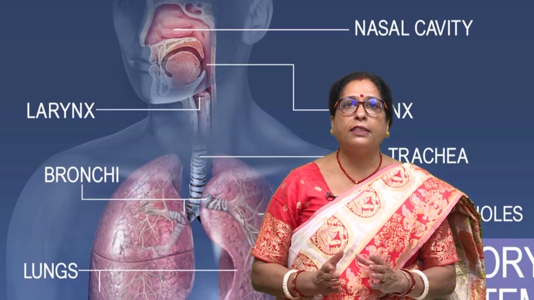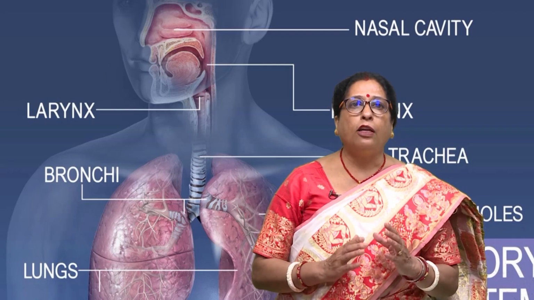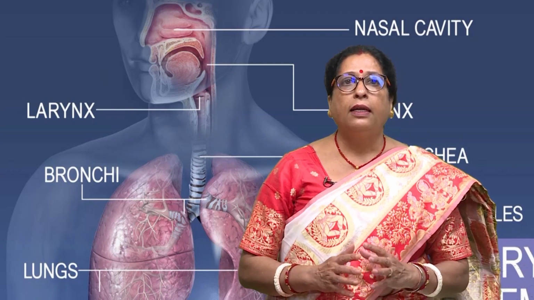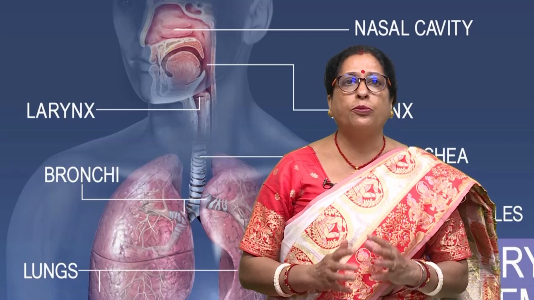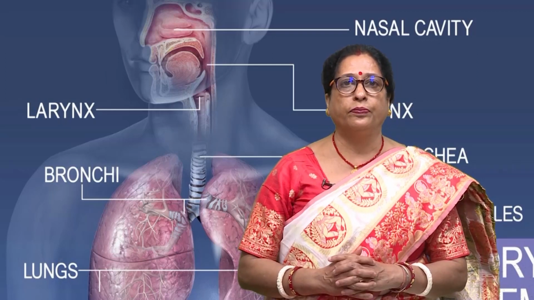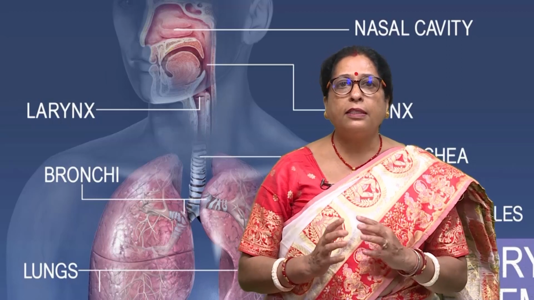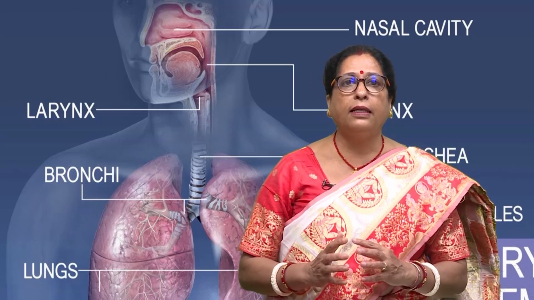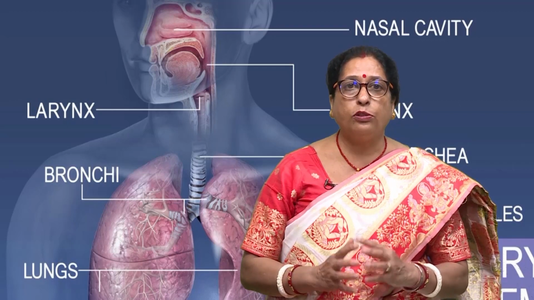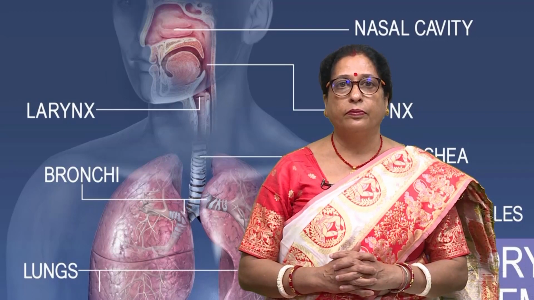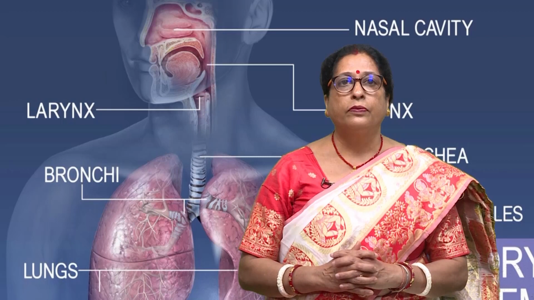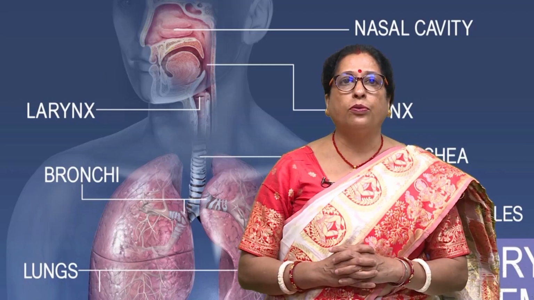Now that we understand the upper and lower respiratory tract, let us take a look at the respiratory system zones. The respiratory system has a conducting zone and a respiratory zone.